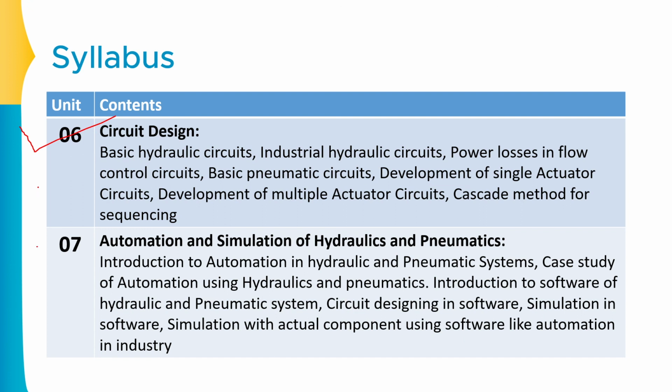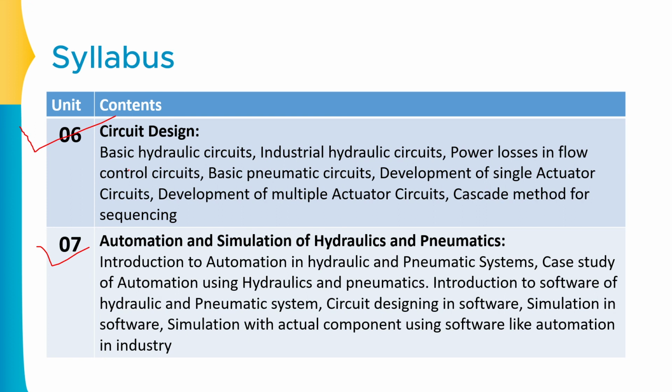And at the end, in the 7th unit, we are going to check out 2 of the basic automation software, or say automation simulation software, that work with hydraulics and pneumatics. So basically our function will be to create simple circuits based on hydraulic and pneumatic systems in the software, and we will try to simulate them to see if they are working properly or not.